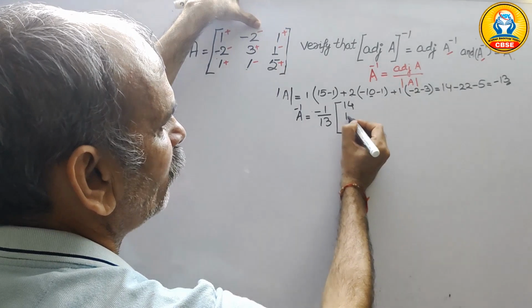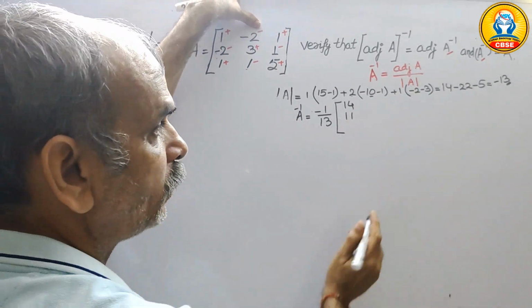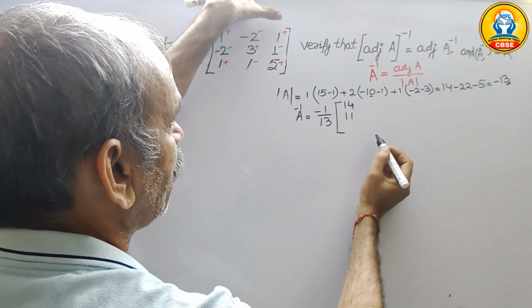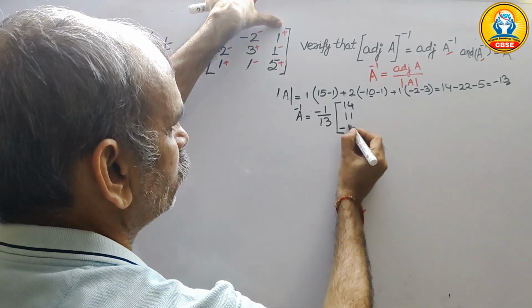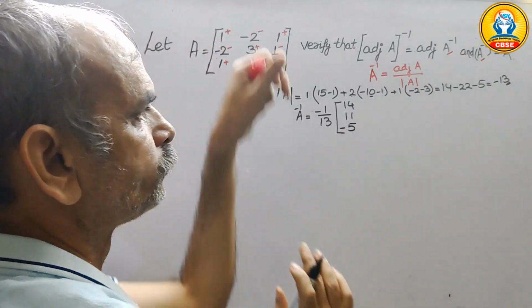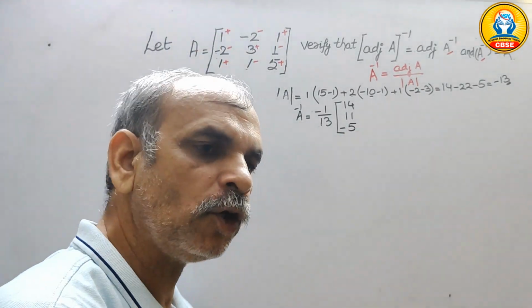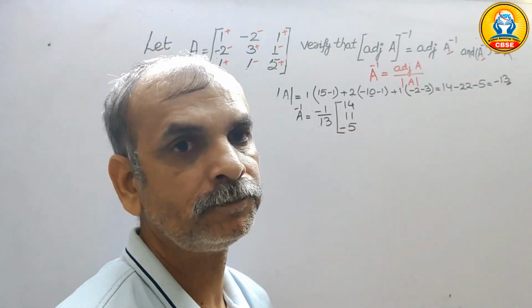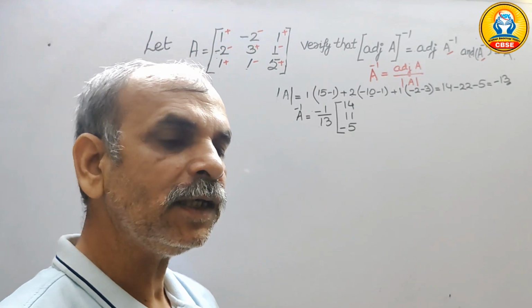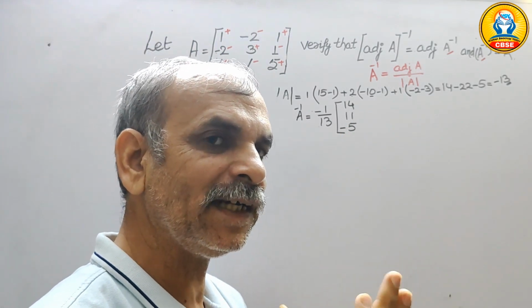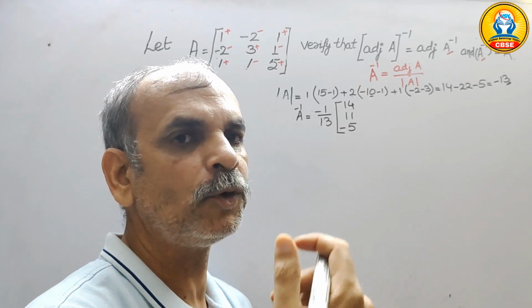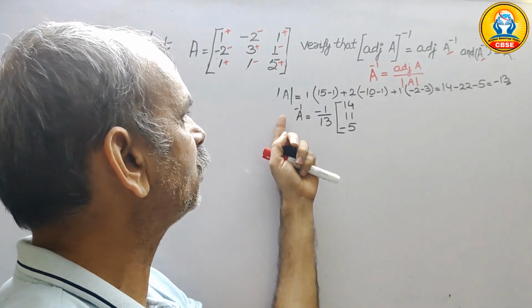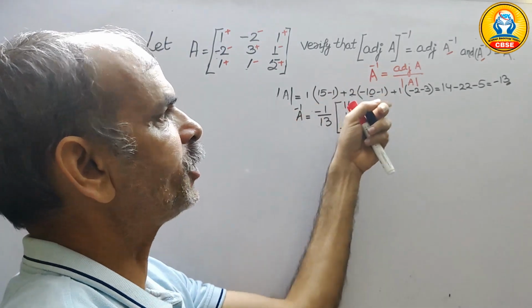We will get 11. Next is minus 5. Sign is positive. We will get minus 5. The first row need not do anything, but that row we have to write in column. What we are doing? Just we are transposing. We are interchanging rows to column and column to row. Then only we will get our adjoint A.